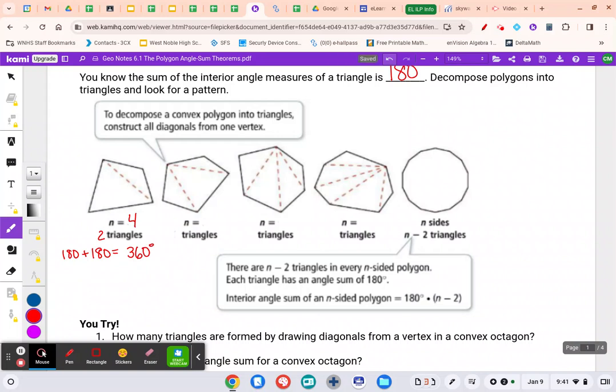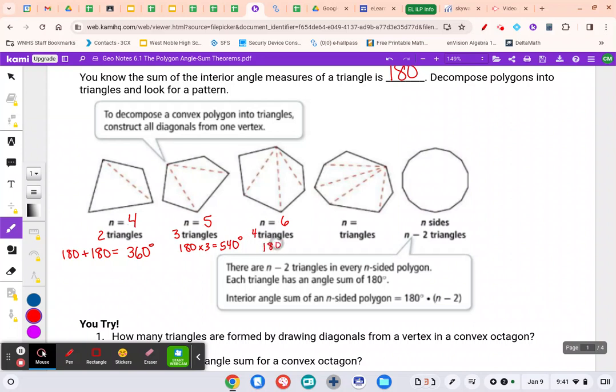If you have a five-sided shape, that's how many sides there are, that's the n. You can draw two diagonals, which creates three triangles. So if you take 180, either add it 3 times or multiply it by 3, this gives you 540 degrees. If you take a six-sided shape, you can split it into 4 triangles.